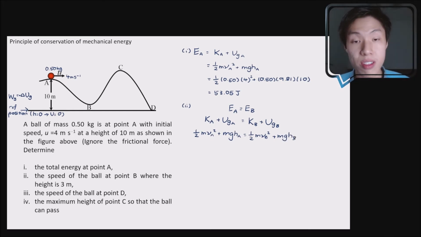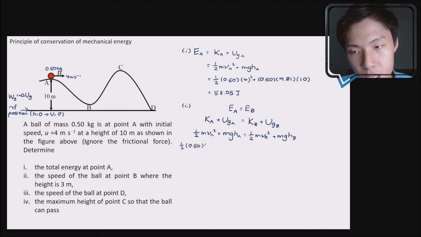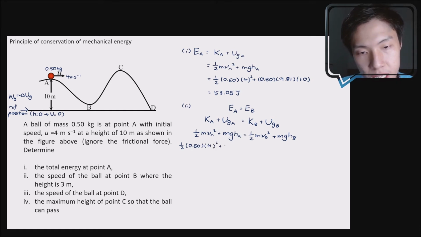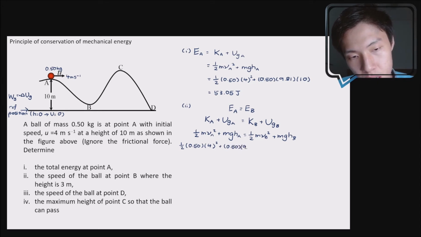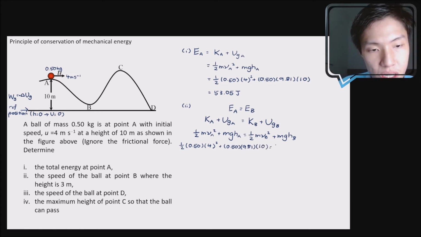Okay, now I believe it's a matter of substitution. Let's do it. So this is half, 0.5. The speed is 4 at point A, plus mass, acceleration due to gravity. The height is 10 meters above the ground. We set the ground as our reference position.